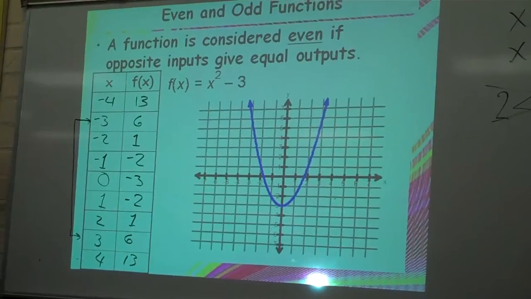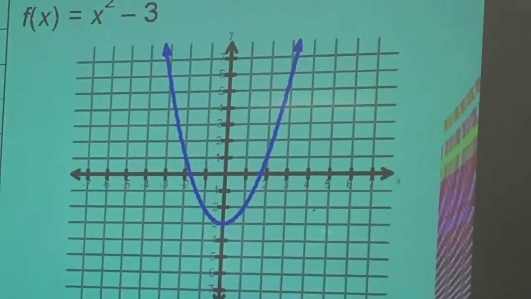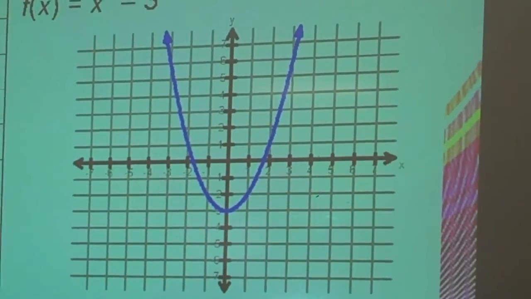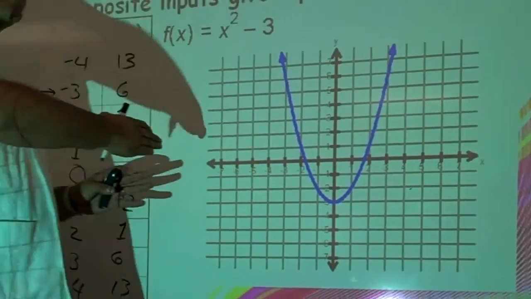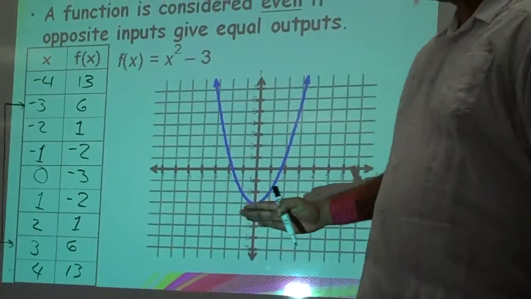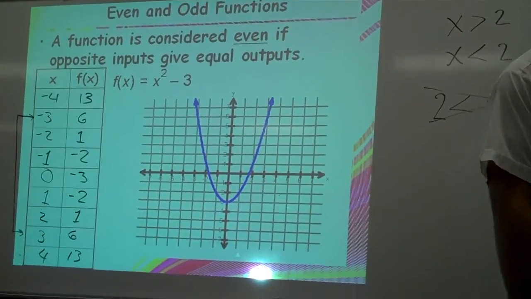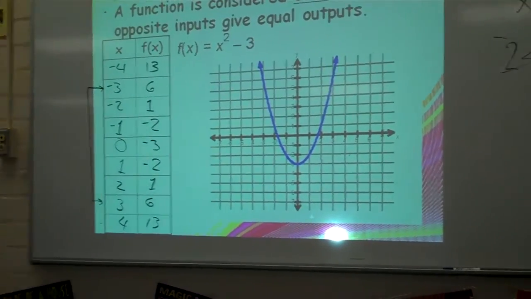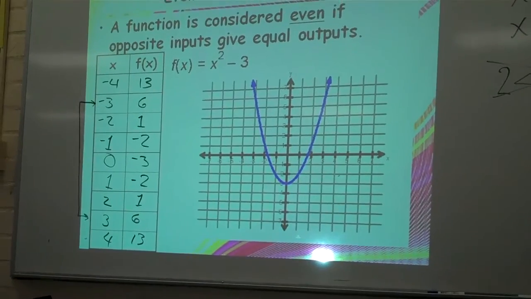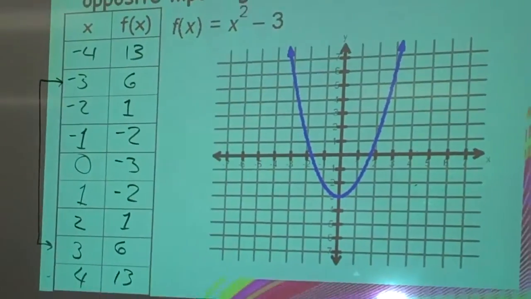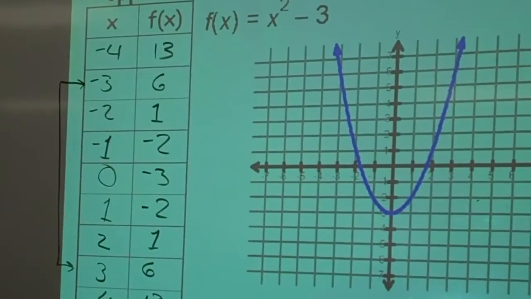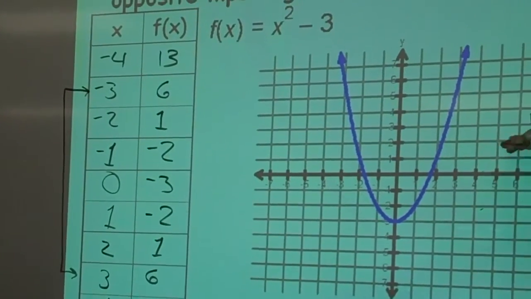You can tell by looking at the graph. If you look at a graph, you'll see that what's happening on the right side of the graph is very similar to what's happening on the left side. If you could just draw me a quick x-axis and y-axis and a parabola, it doesn't have to be perfectly drawn.